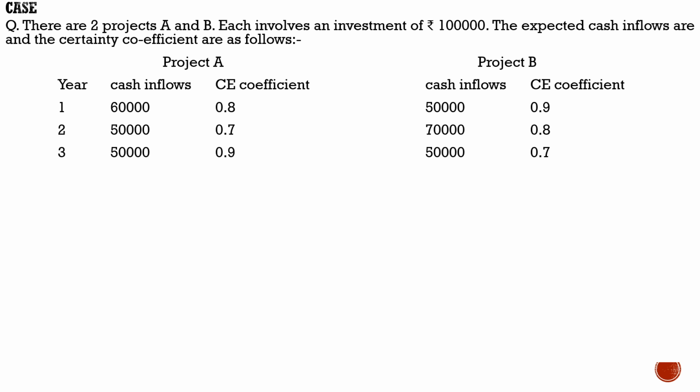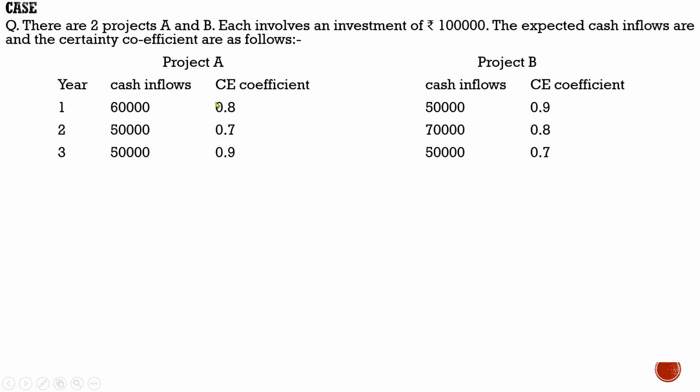Coefficient means certainty equivalent factor. For example, here in the first year project A will earn 60,000. Its coefficient factor is 0.8. 0.8 simply means 80%. Out of 60,000 the concern is likely to earn 80% of the amount. That is the meaning.